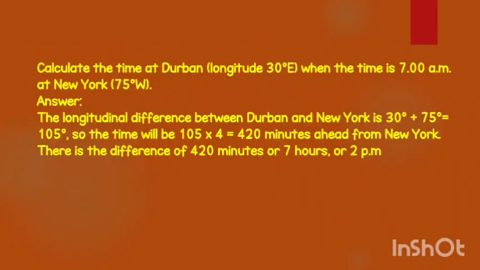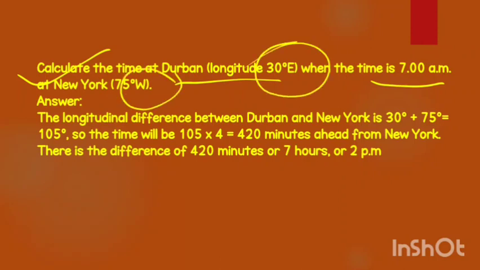Got it? Next one is to calculate the time at Durban, that is 30 degree east, when the time is 7 a.m. at New York, 75 degrees west. See, one is in the Eastern Hemisphere, the other location is in the Western Hemisphere. When the two places are located in different zones, such as some places in the Eastern Hemisphere and some in the Western Hemisphere, then you add the two longitudes. If both places are located in the Eastern Hemisphere, then you subtract from each other.